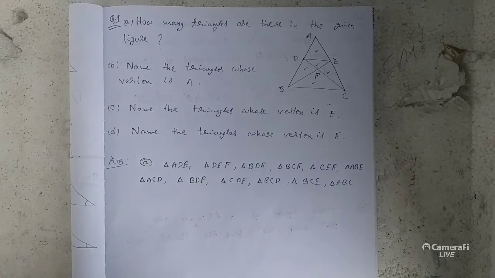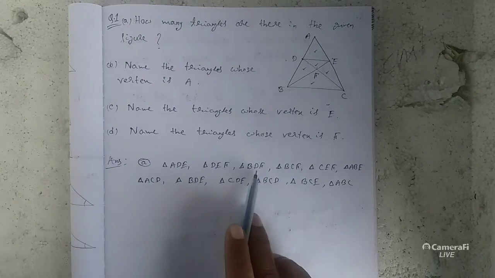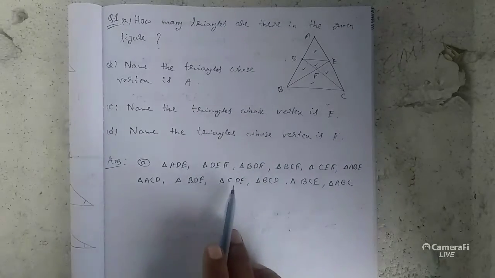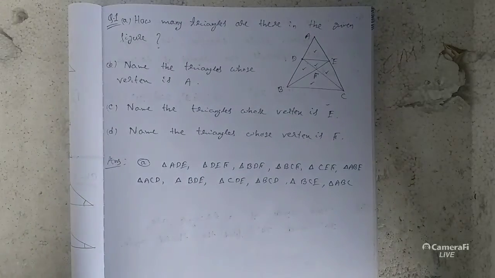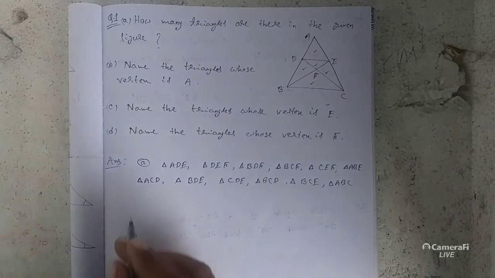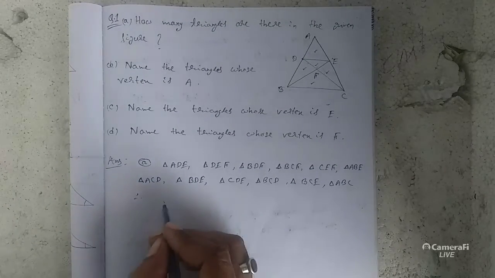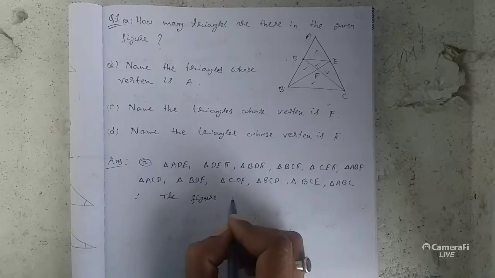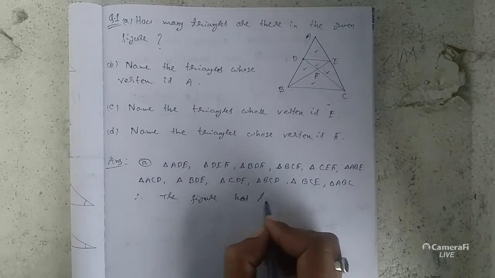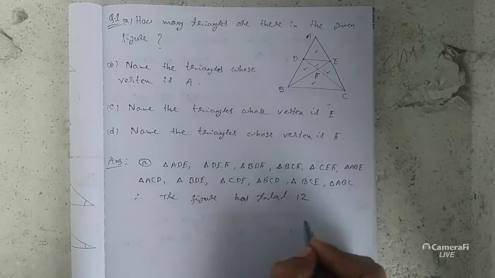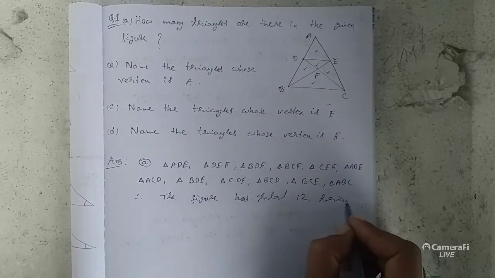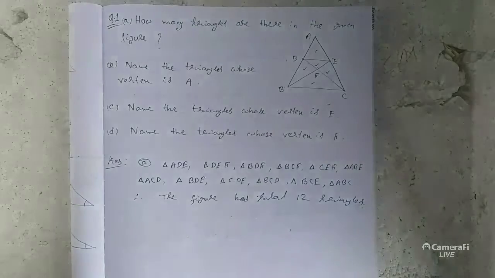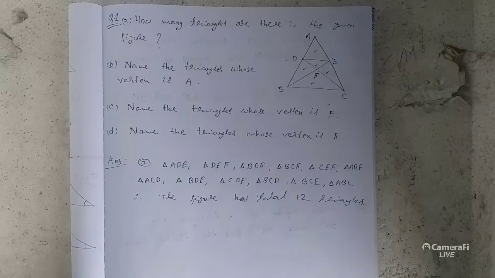Now count how many triangles are there. 1, 2, 3, 4, 5, 6, 7, 8, 9, 10, 11, 12. So you are getting a total of 12 triangles in the figure. Therefore, the figure has a total of 12 triangles.